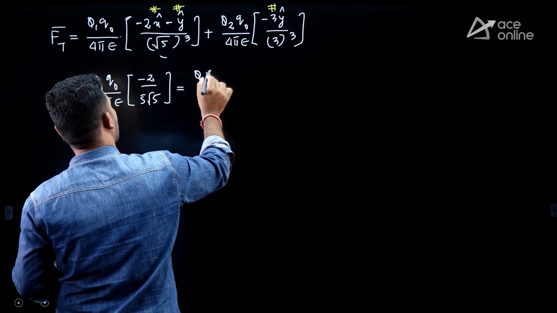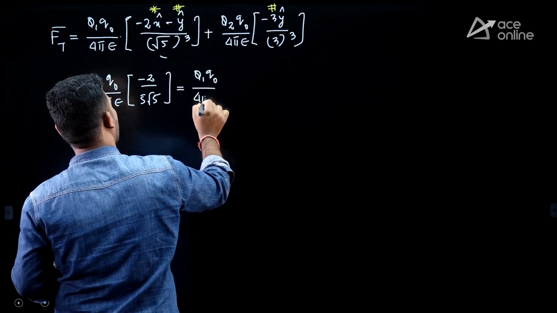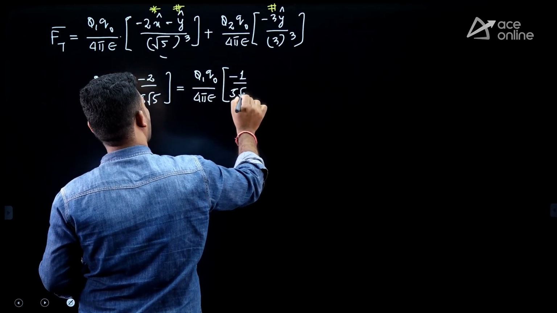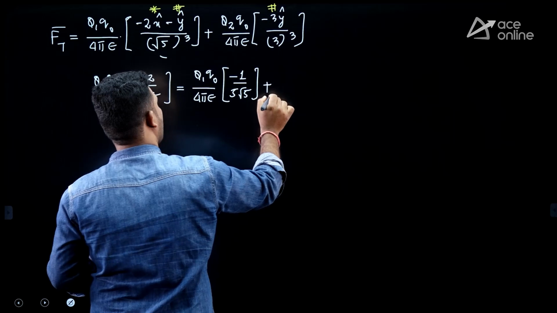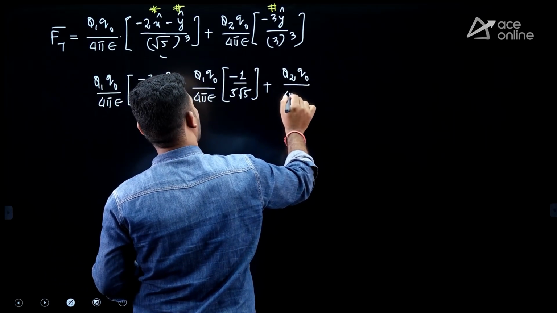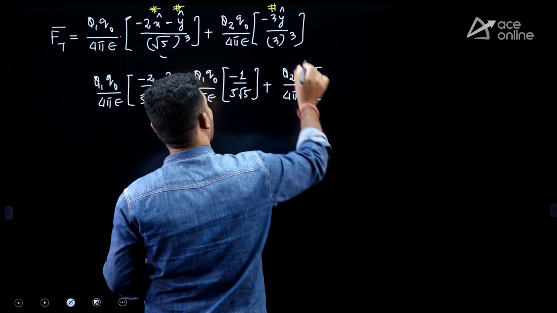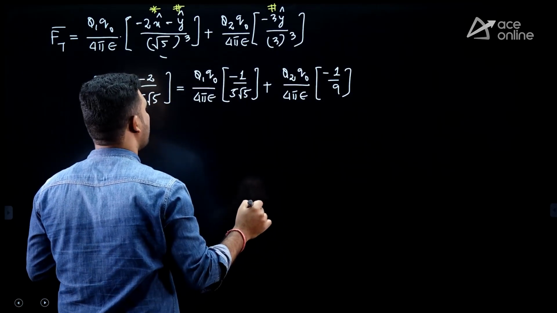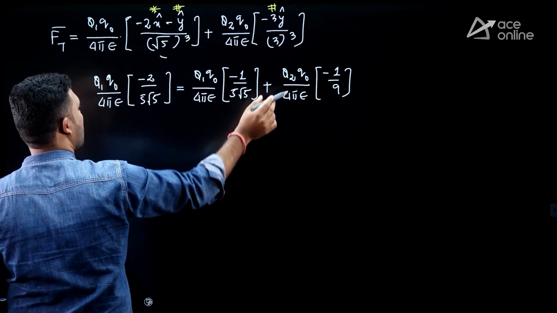This is q1 into q0 divided by 4 pi epsilon, minus 1 divided by 5 root 5, plus q2 into q0 divided by 4 pi epsilon, y component, it is minus 1 by 9. I am skipping the algebra. You can just cancel out the common things on both sides.